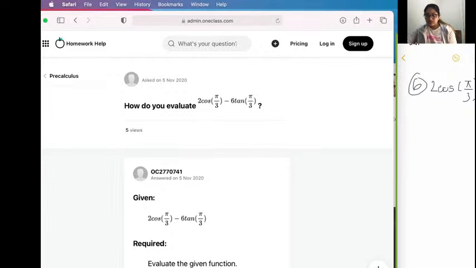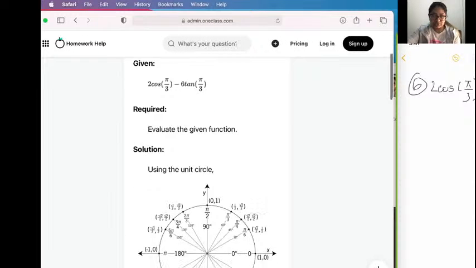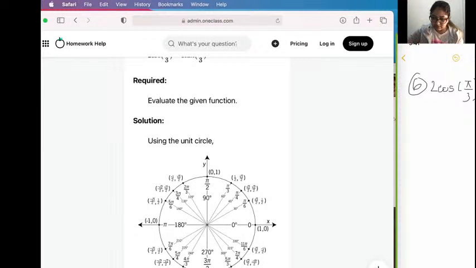Okay, so if we look at our unit circle over here, we can see that we have a lot of different angles with the corresponding points. The first step I would do is to find the angle, so convert pi over 3 into an angle.